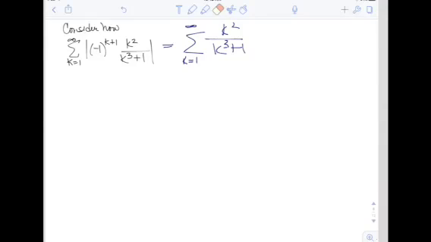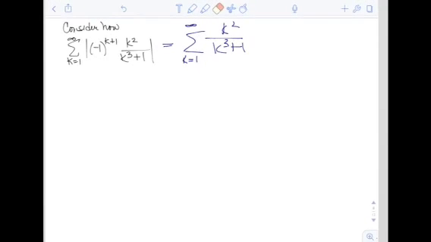This limit is 1, and for a series to diverge, the limit can't be 0. So maybe we'll do the limit comparison test. The integral test would also show this diverges, but the limit comparison test is going to be the most straightforward to show that this diverges.